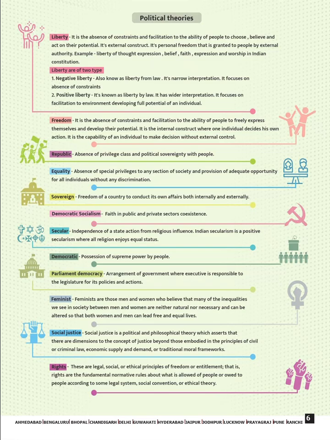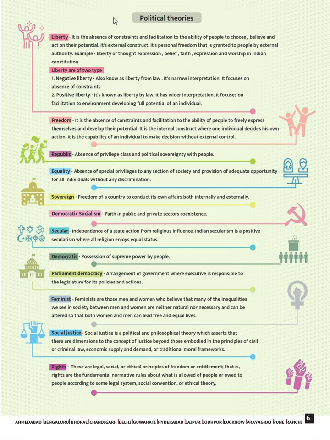What is a feminist? Feminists are those men and women who believe that many of the inequalities we see in society between men and women are neither natural nor necessary and can be altered so that both women and men can lead free and equal lives. Next is social justice.